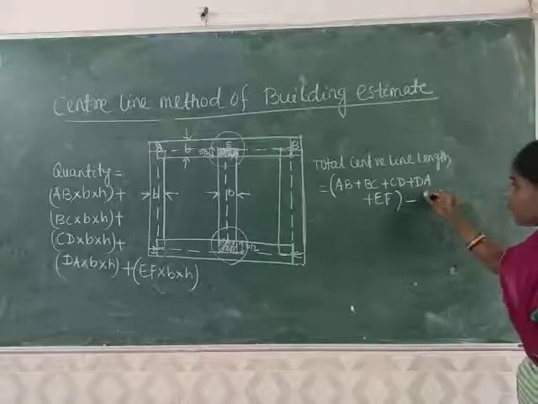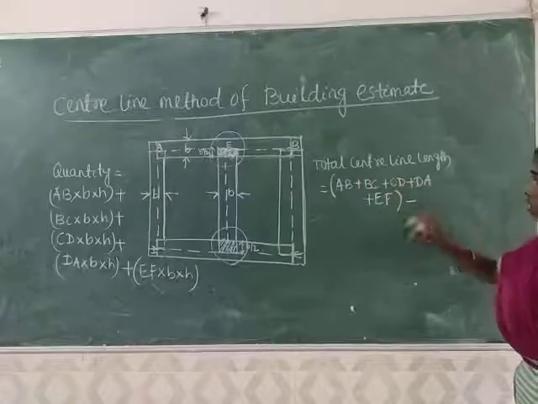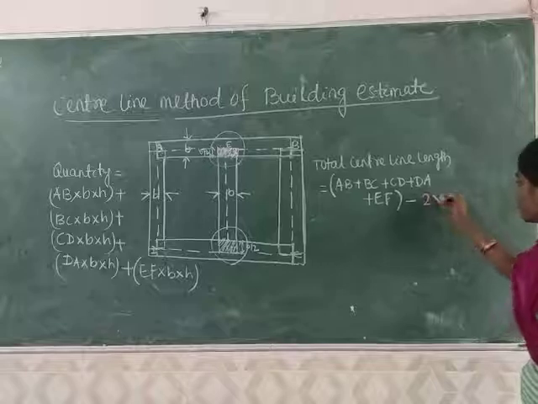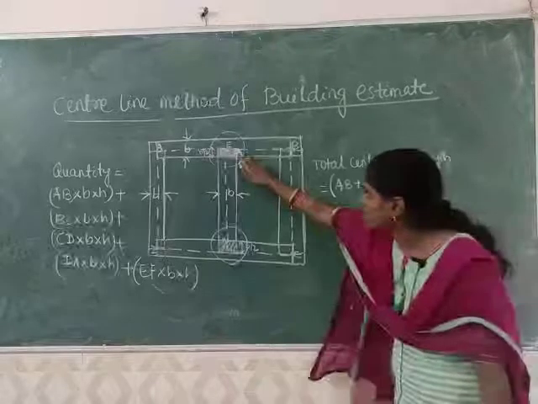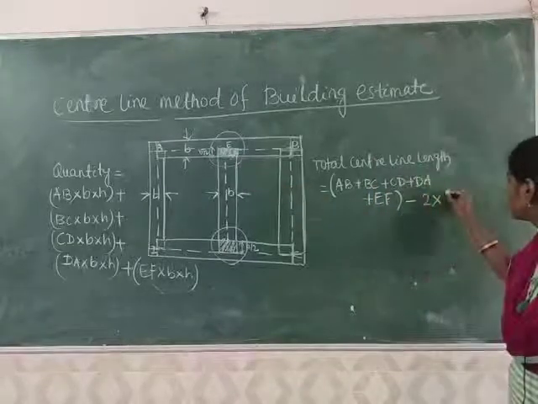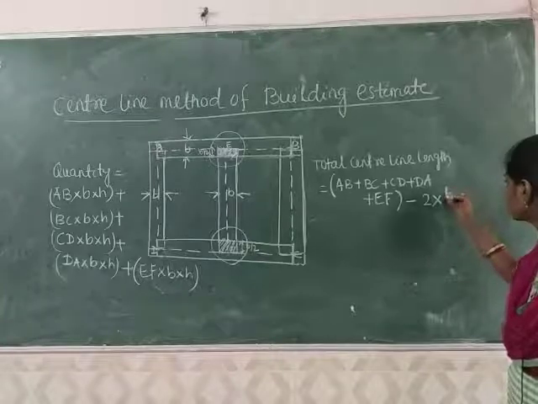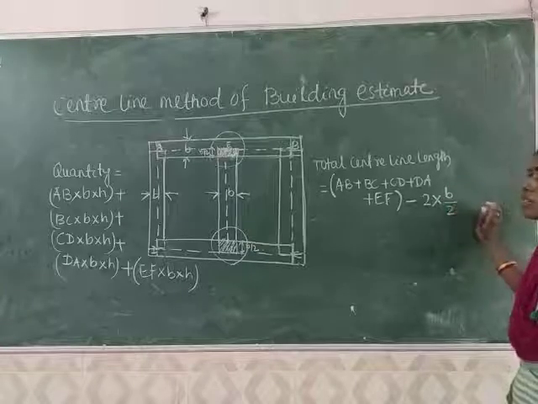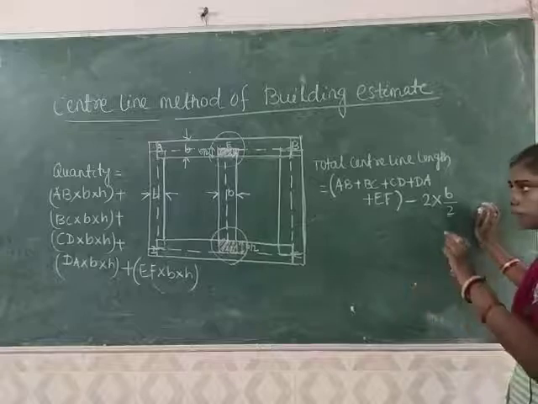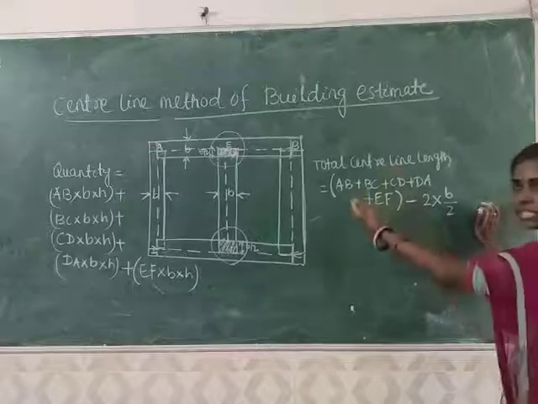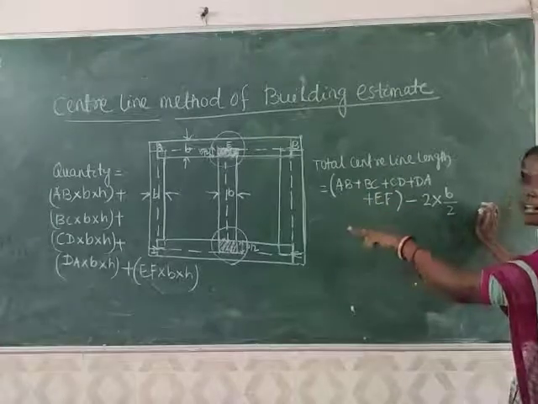There are two junctions, so we will subtract 2 into b by 2. That means the particular breadth divided by 2 from one side and also from the other side.